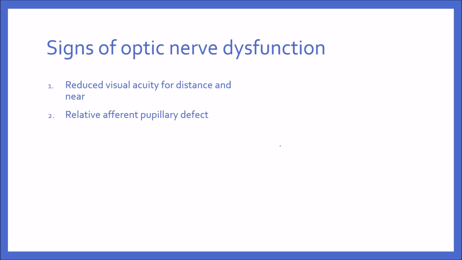Then is the relative afferent pupillary defect. After that is dyschromatopsia, which is impairment of color vision, that in the context of optic nerve disease mainly affects red and green. A simple way of detecting a monocular color vision defect is to ask the patient to compare the color of a red object using each eye in turn, or to undertake an Ishihara test.